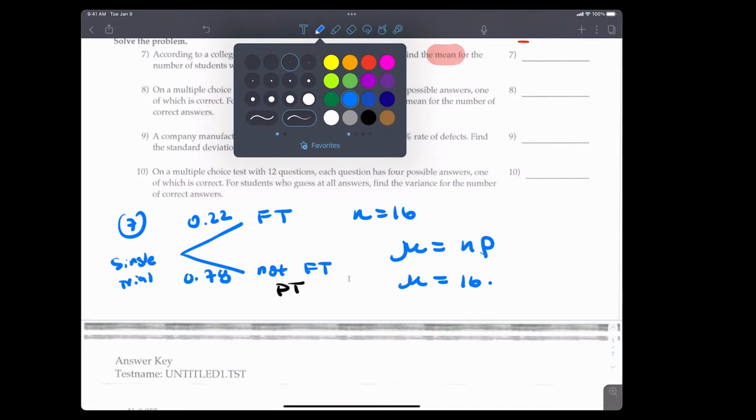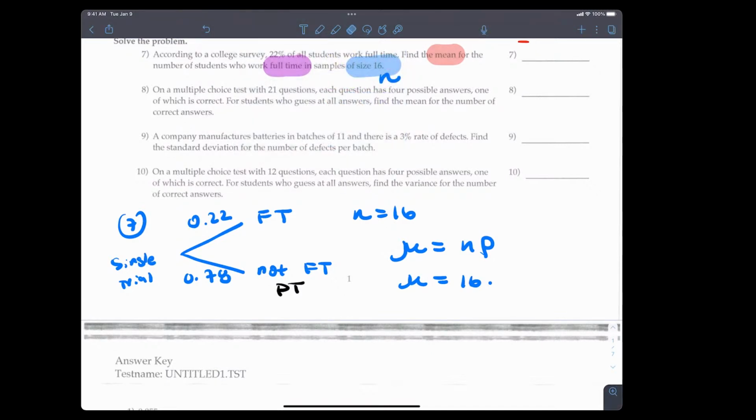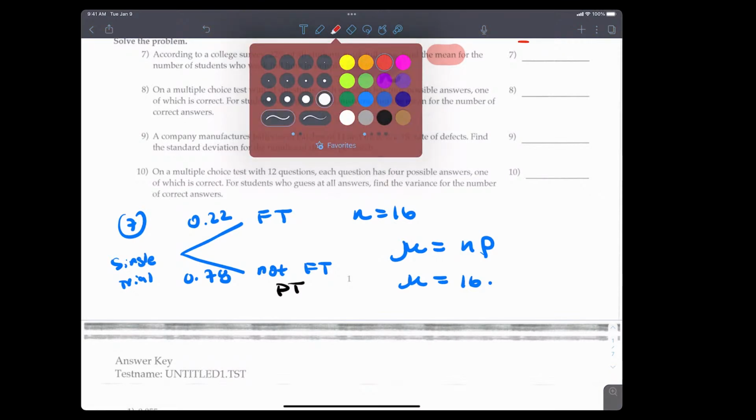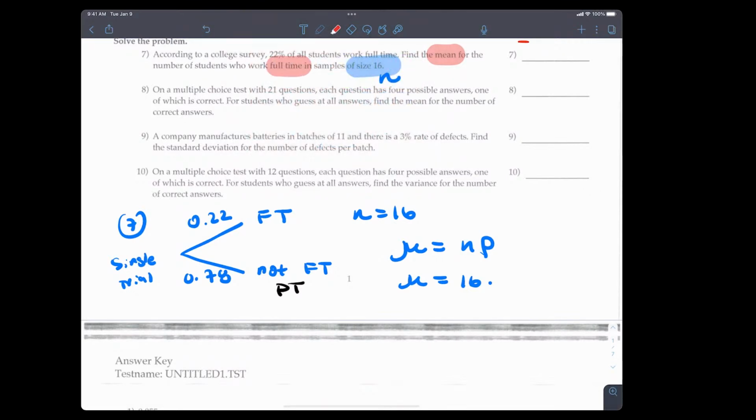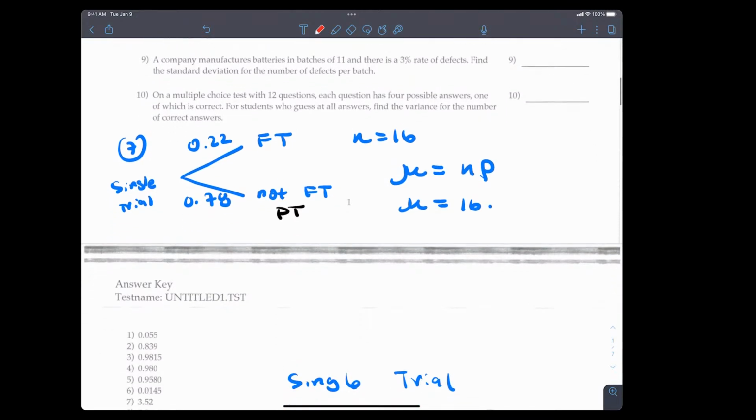That's going to be, let's put that in red. Full-time workers. Okay. So this is our successes, full-time, 0.22. So multiply by 0.22, 16 times 0.22.